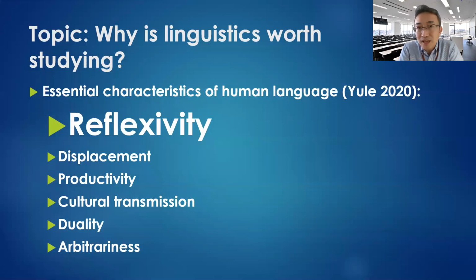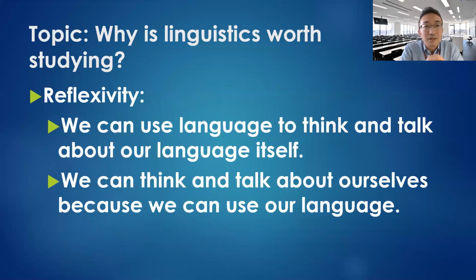So what is reflexivity? Reflexivity is the fact that we can use language to think and talk about language itself. That's what we can do through our language, and animals, unfortunately, cannot do that. Only us humans can do that.